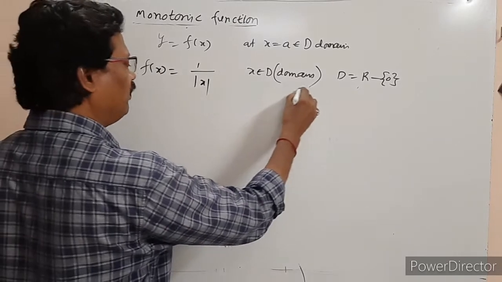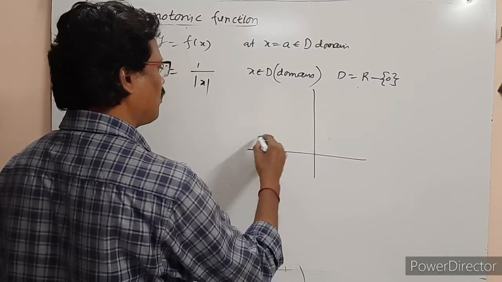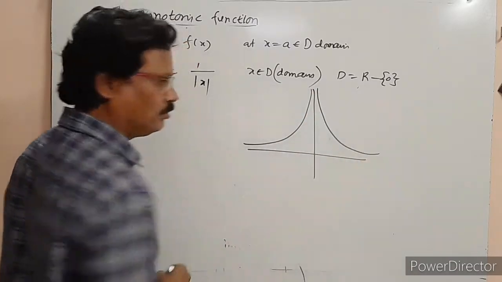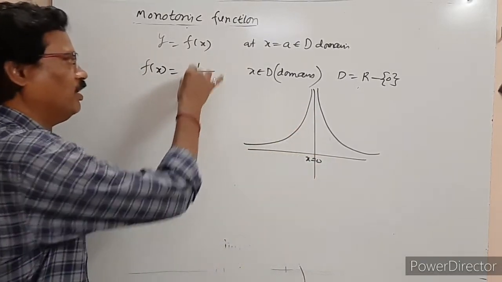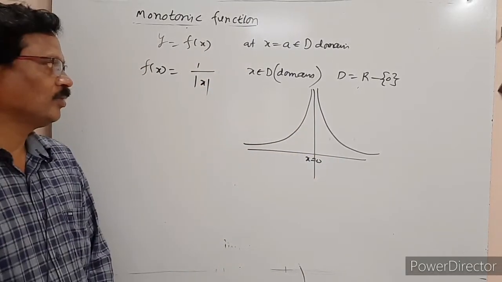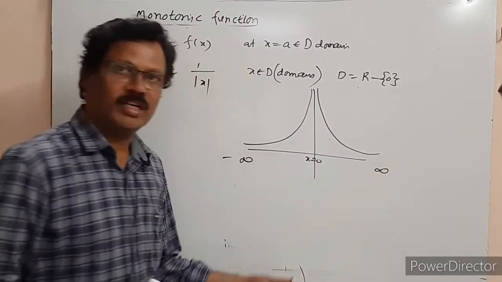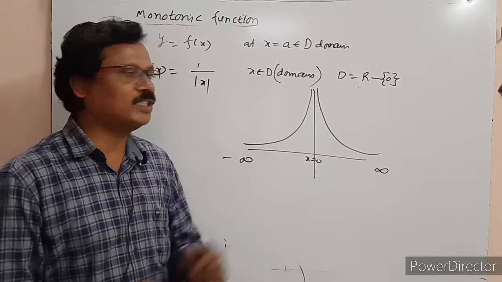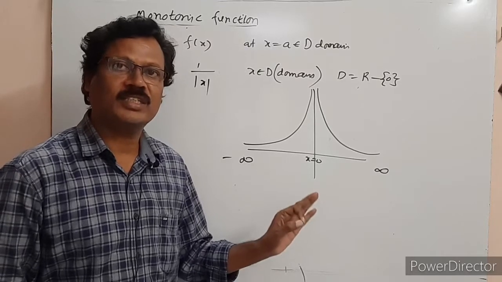If you see the graph of this, at x equal to 0 the function is not defined, 1 by 0 is infinity. In its domain from minus infinity to plus infinity, in one part of the interval it is increasing, in the other part decreasing, therefore in its domain that function is neither increasing nor decreasing.